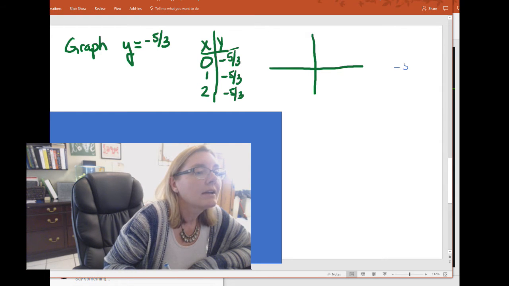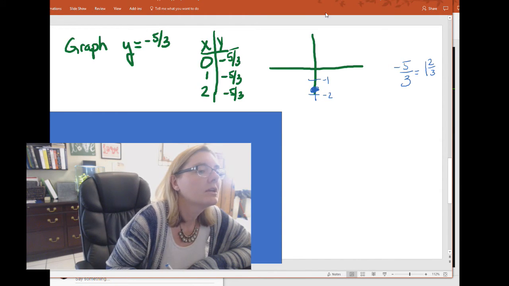By the way, negative 5/3, 3 goes into 5 one time with 2 left over. So it's like the negative version of 1 2/3. So it's lower than negative 1, but not quite negative 2. So it's down here somewhere.